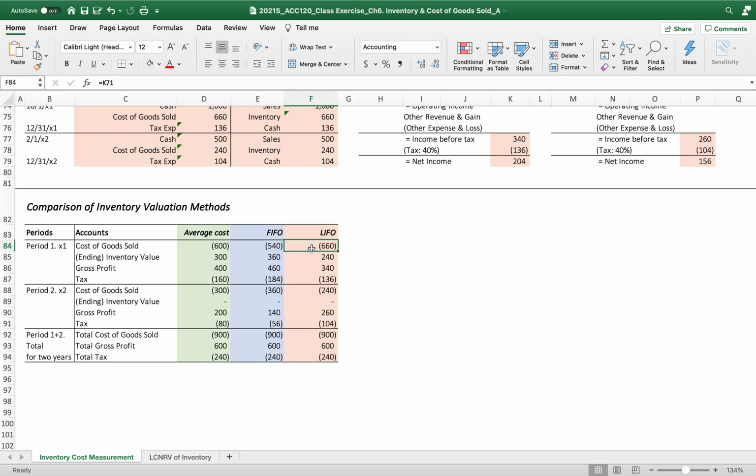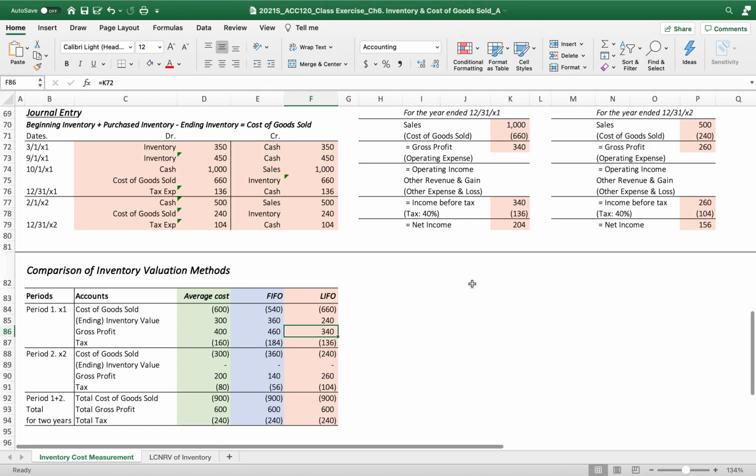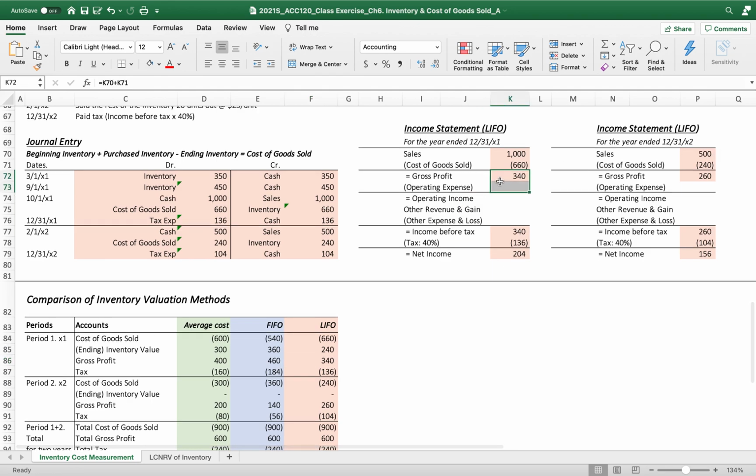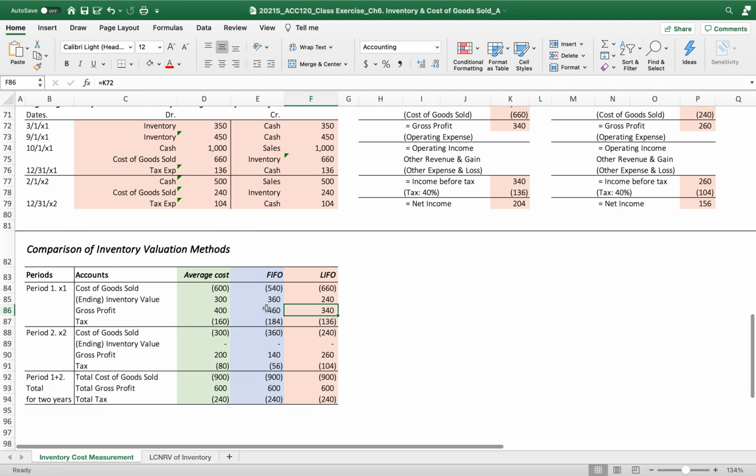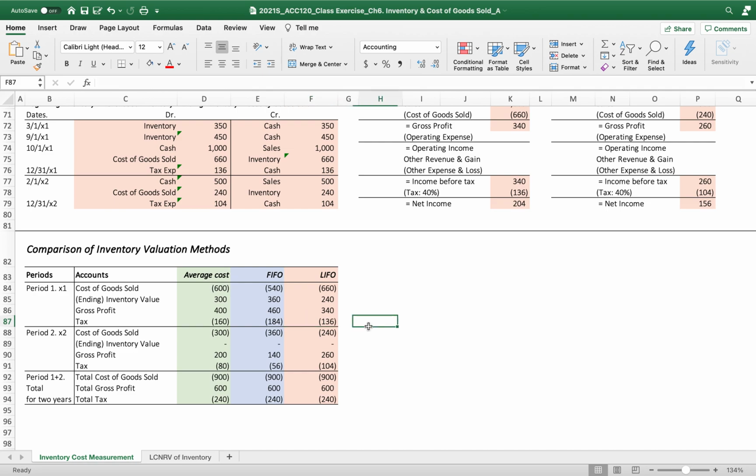Because we count the expensive one as cost of goods sold, the gross profit is the lowest, right? The gross profit is 340. Because of this low gross profit, the actual tax payment under LIFO is very low, right? Comparing other methods.